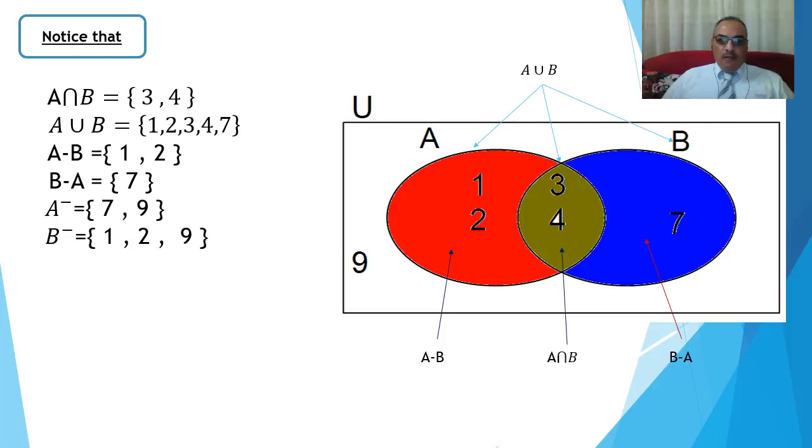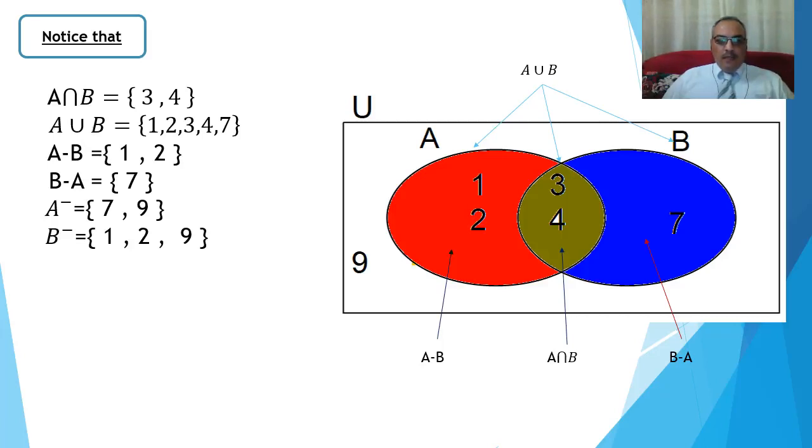You can remove A only. Try this. We can cancel this area and we get 9 and 7.